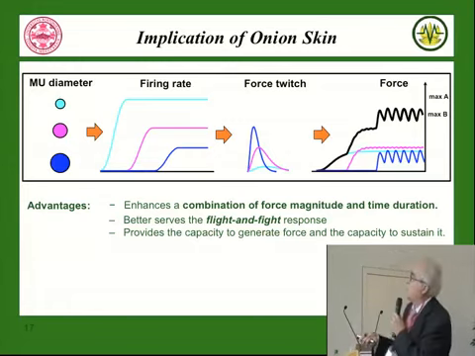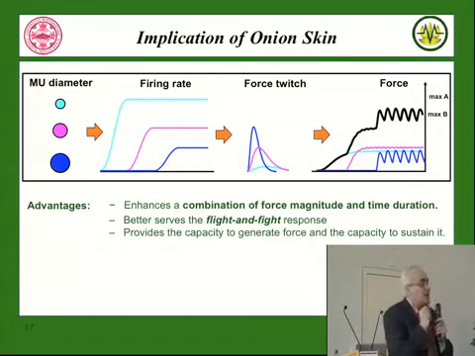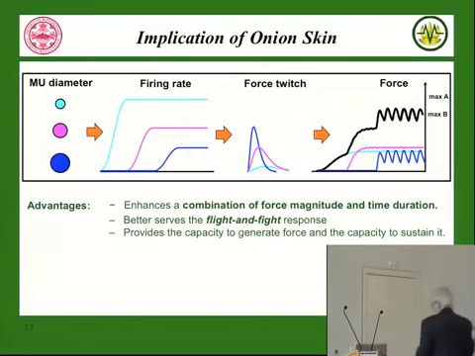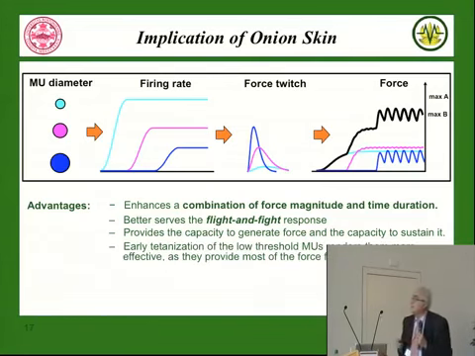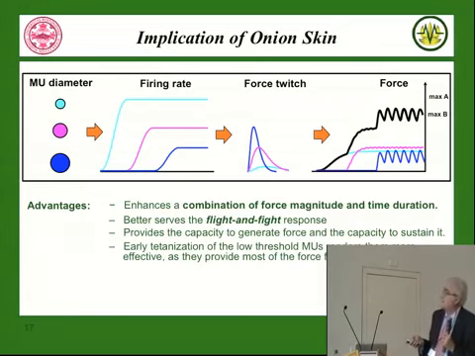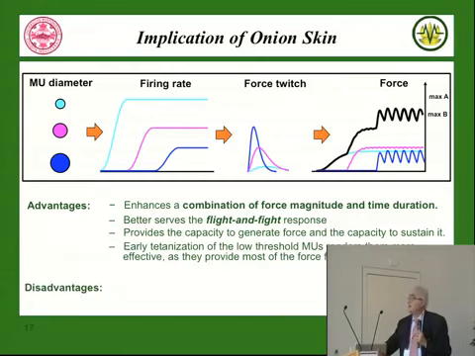This is where you work most of the time, the blue one. So it does a very good job at controlling the low force level, which is most of what you do in your life. And that's what I just said. So these are the advantages of the system.